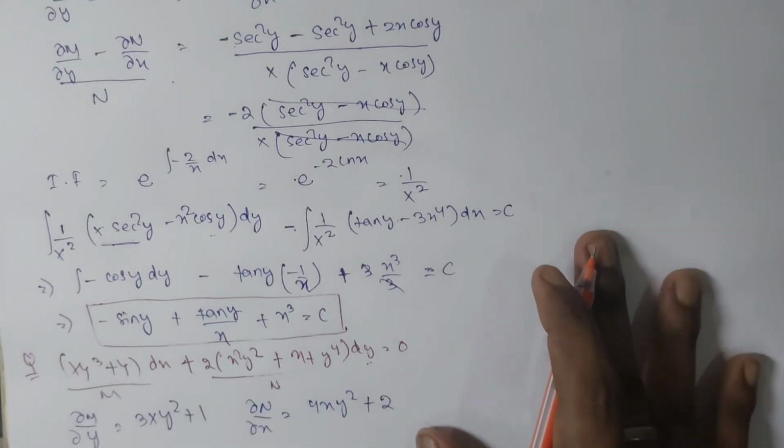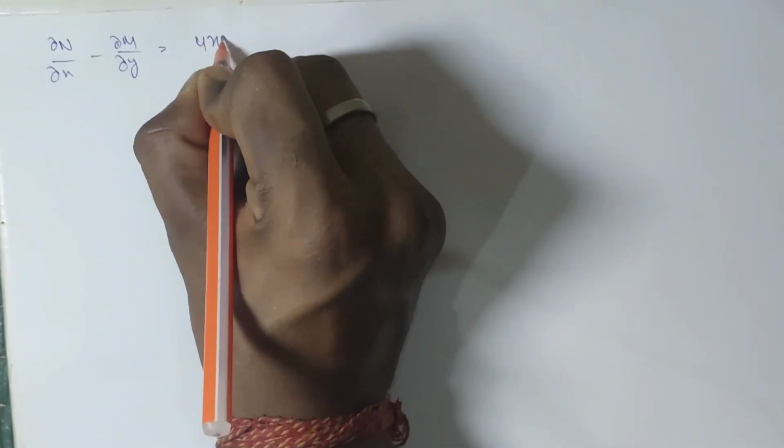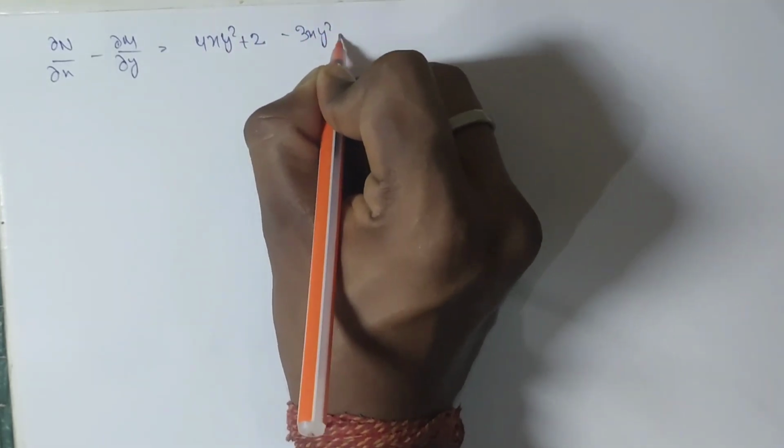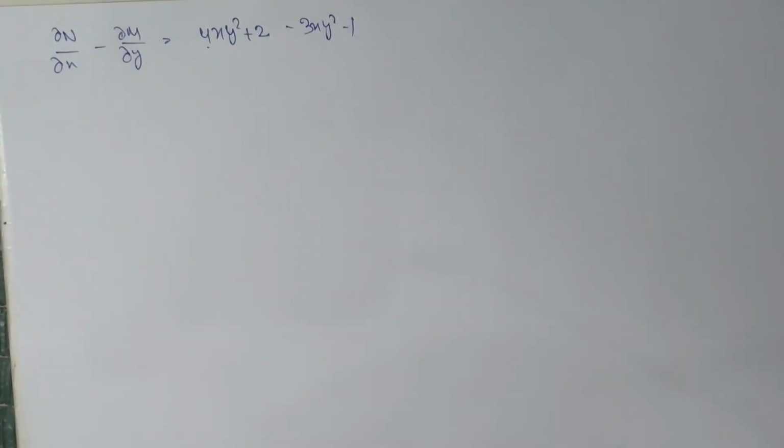So now we have to convert this. Now subtract del M by del y minus del N by del x, so that we can know which formula is applicable. If we take del N by del x minus del M by del y, then it becomes 4xy square plus 2 minus 3xy square minus 1, and we have to check what to divide by.